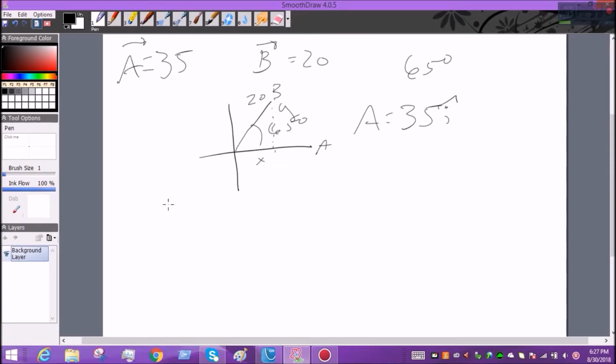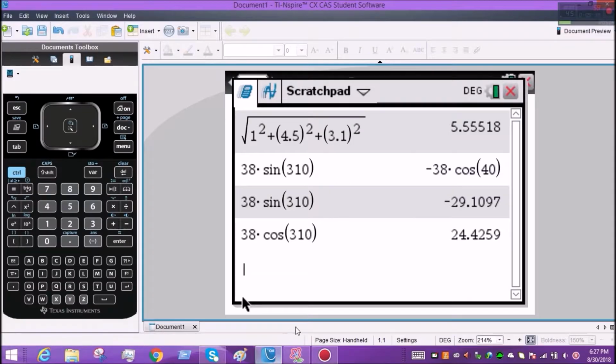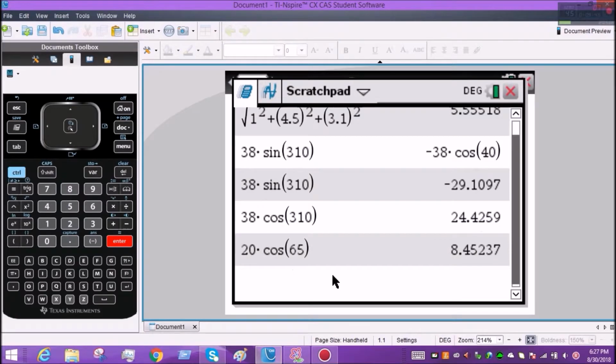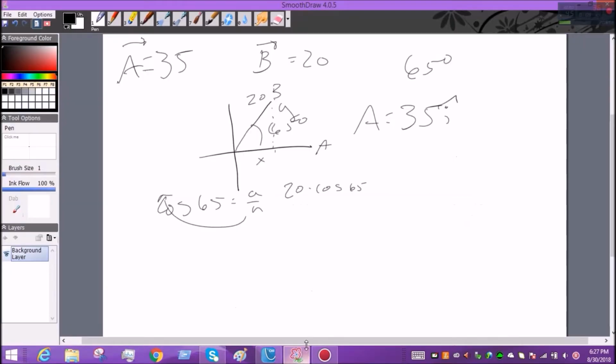So that's our 20. Cosine of 65 equals adjacent over hypotenuse. We know our hypotenuse is 20, so we multiply it over there. So 20 times cosine 65 is 8.45i, so B equals 8.45i, and its y component, I'm writing a plus because I know the y value is positive, is 20 times sine 65.